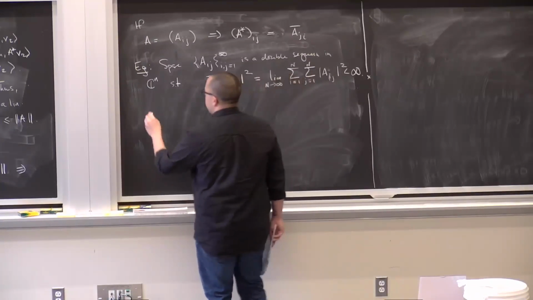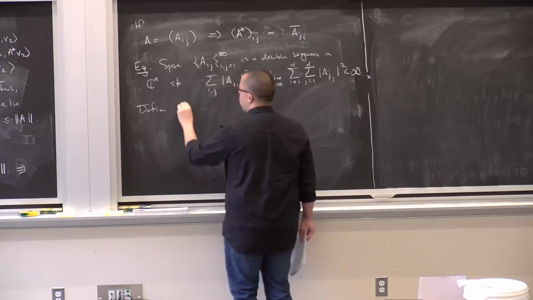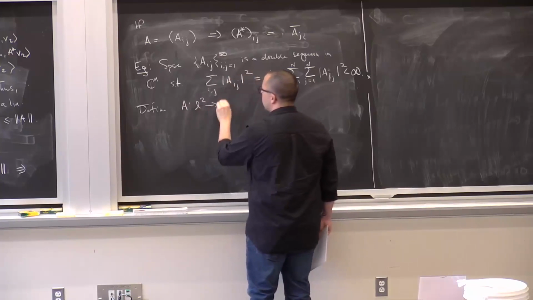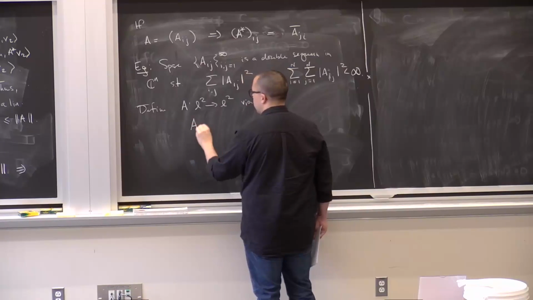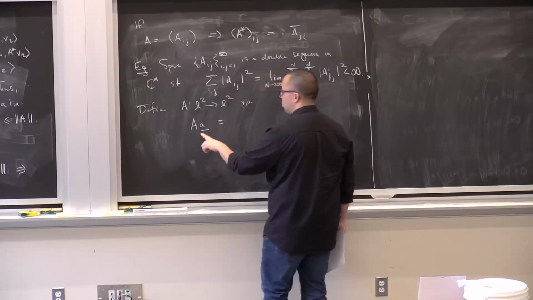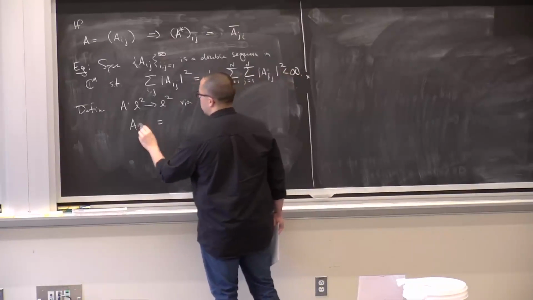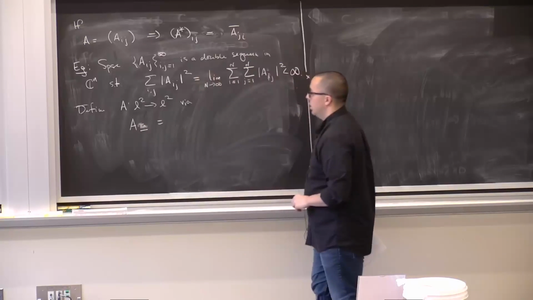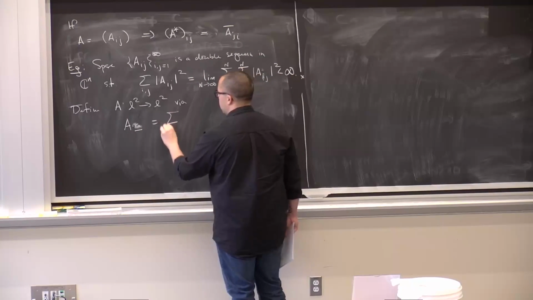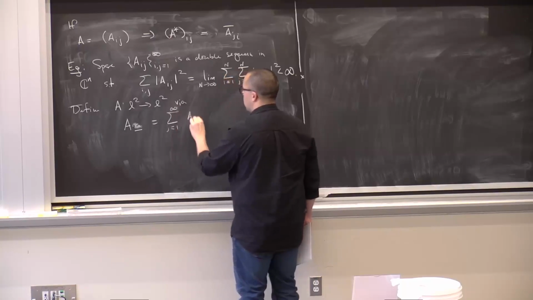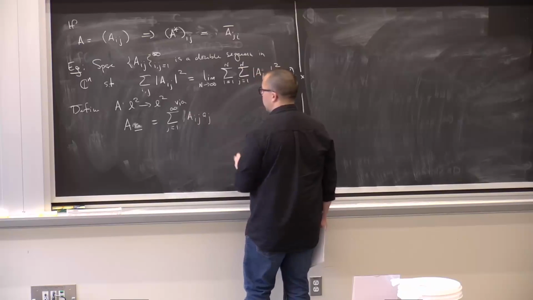Now, define A from little l2 to little l2 via A applied to a sequence, which I put an underline underneath, or let's make it U. Okay, we've been using A's for elements in little lp, as the sum j equals 1 to infinity of A_ij U_j.